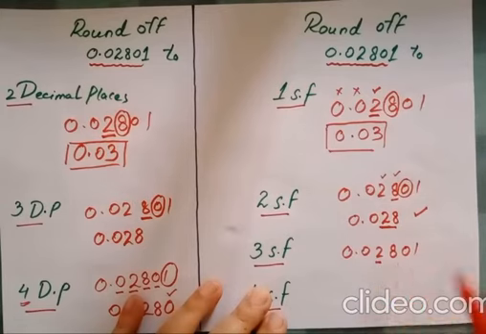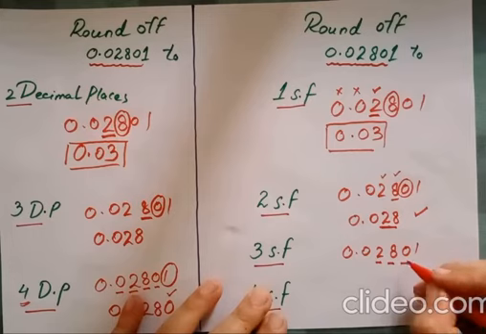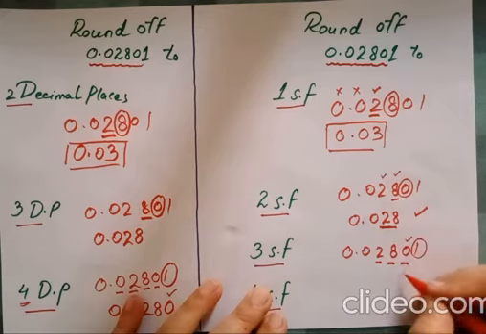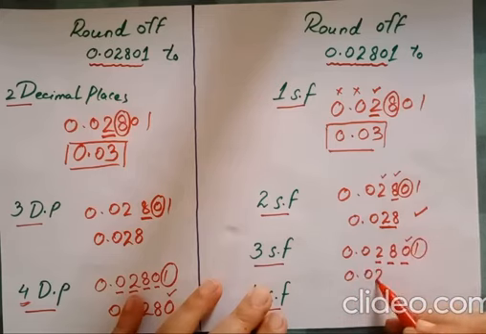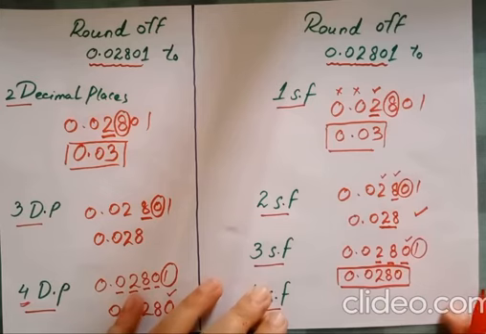Now first significant, second significant, and this is the third significant. As I told you in my previous video, trapped zeros are significant, so till here we have to round it off, and I will encircle this digit. It's less than 5, no need to add anything to it, so this will become 0.0280, and this is rounded off to three significant figures.